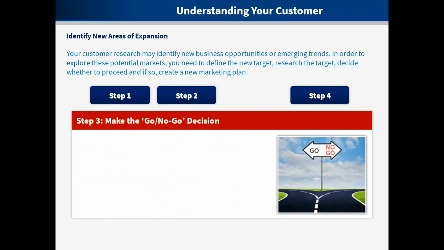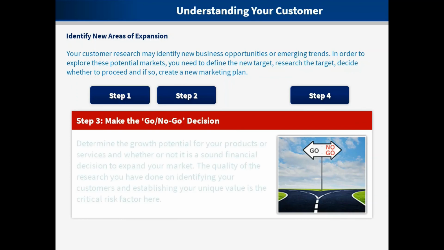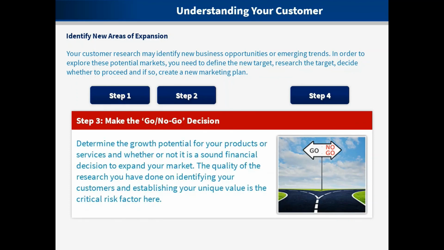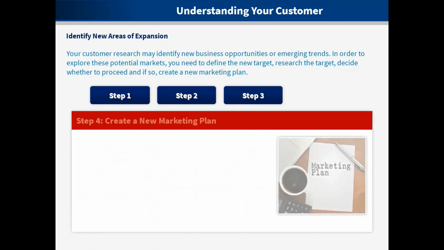Step 3. Make the go, no-go decision. Determine the growth potential for your products or services and whether or not it is a sound financial decision to expand your market. The quality of the research you have done on identifying your customers and establishing your unique value is the critical risk factor here. Step 4.